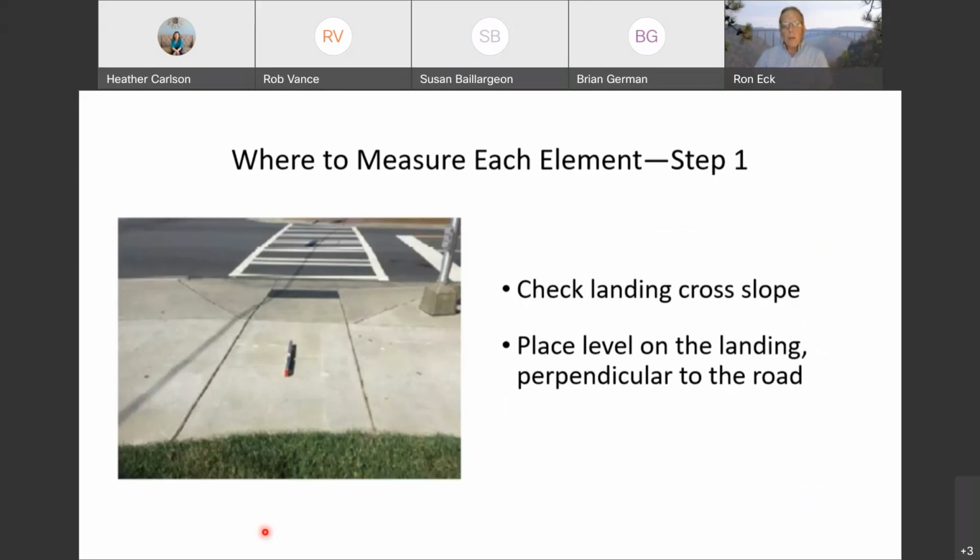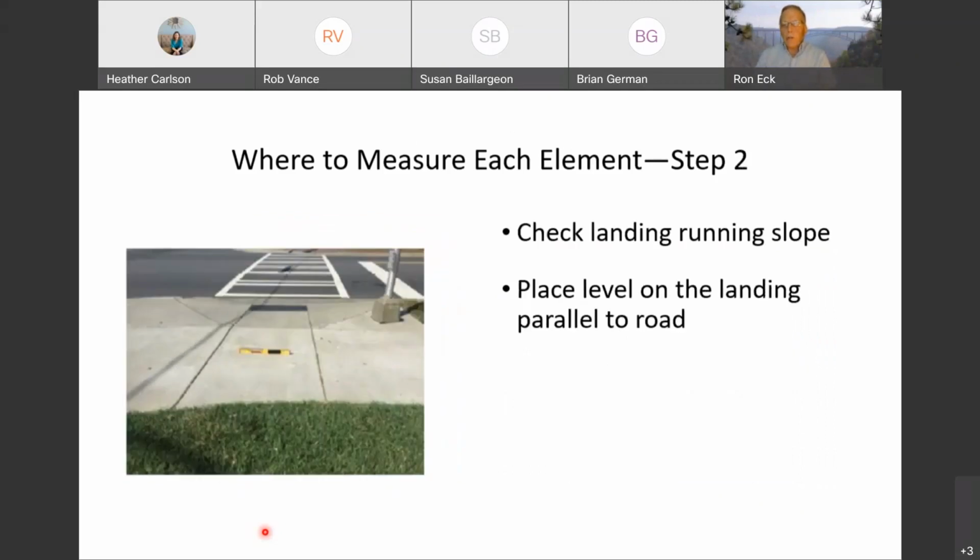So where do you measure? Here are the various steps. As I said, you can do it in any order, but this is the order that I've indicated, at least for example purposes here. Step one would be to check the landing cross slope, and to do that, place the level on the landing perpendicular to the road.